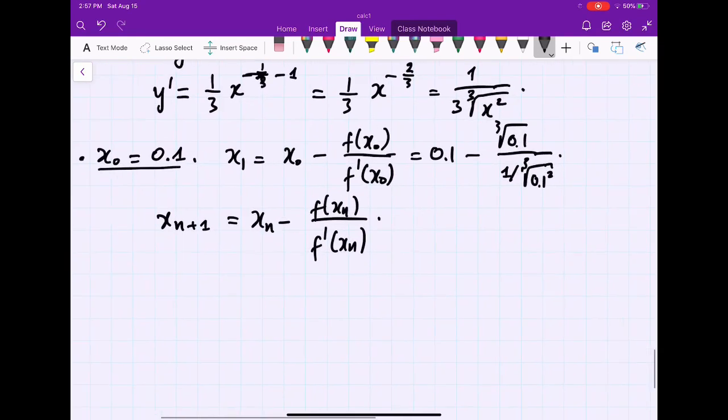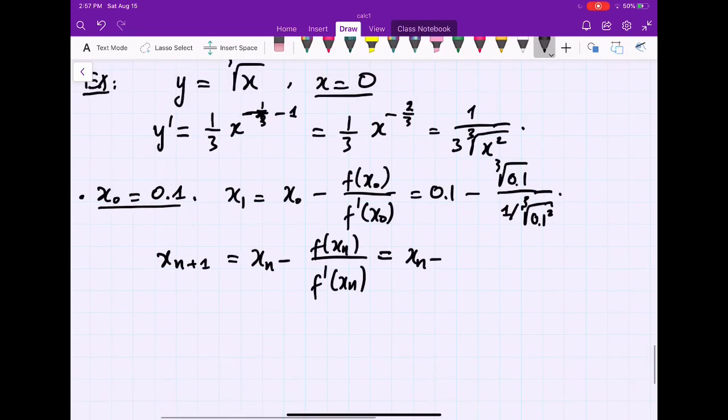We'll see what happens with this function. As for xn, f of xn is the cube root of xn, right? And if you divide by the derivative at xn, you have 1/3 cube root of xn squared.